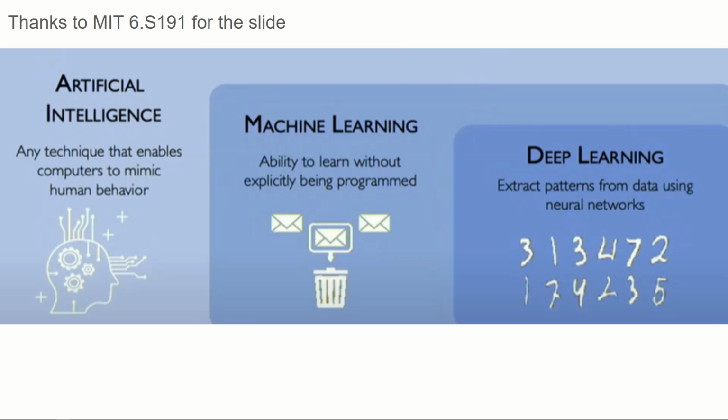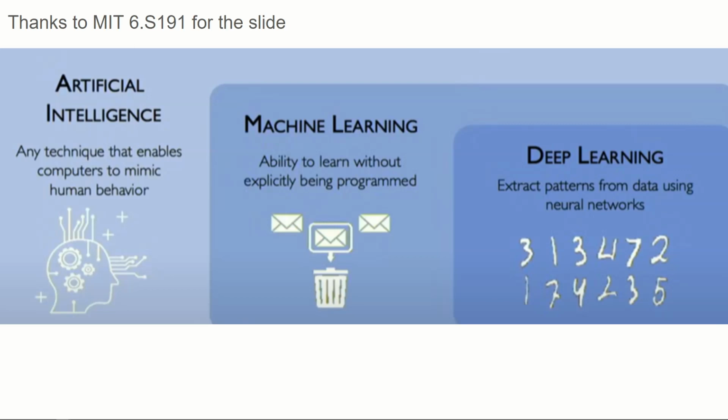And it turned out that those things were less hard than things that infants can do, just like recognizing what an object is, or learning language, or walking around a room without bumping into things. So now artificial intelligence is kind of the broad term that encompasses enabling robots or computers to mimic human behaviors.